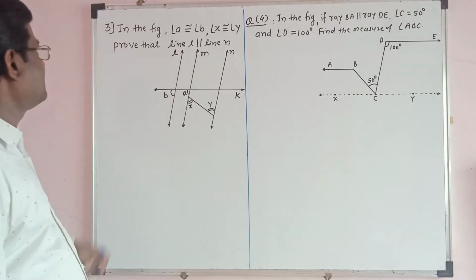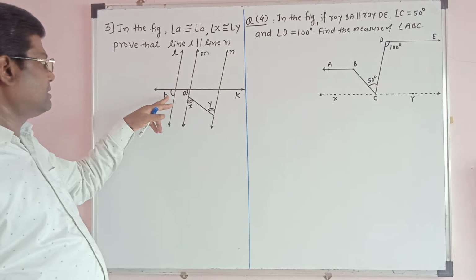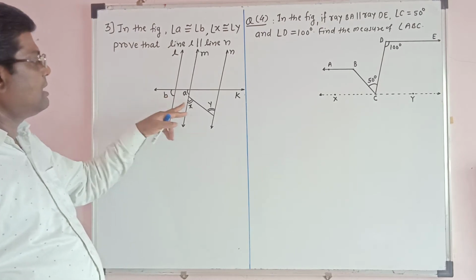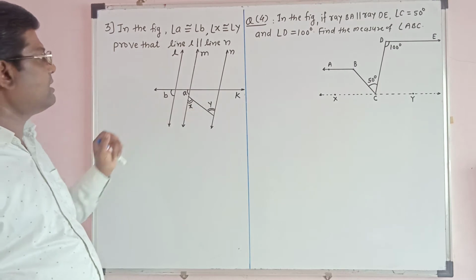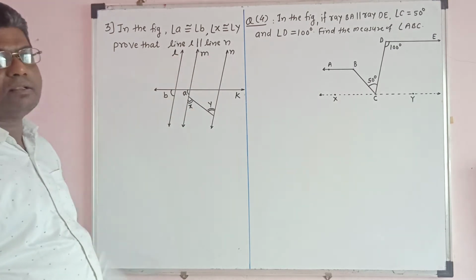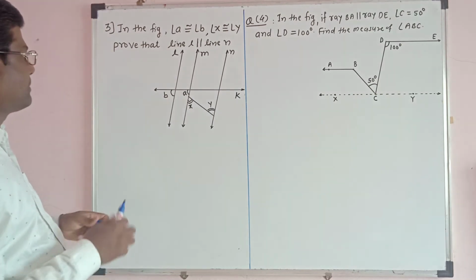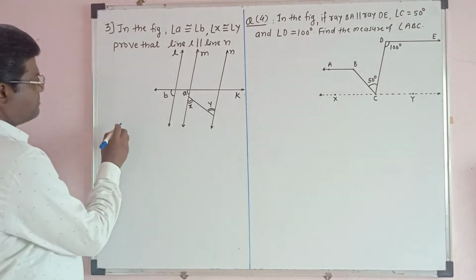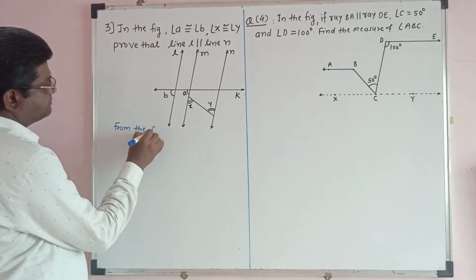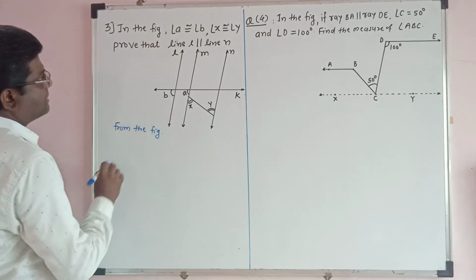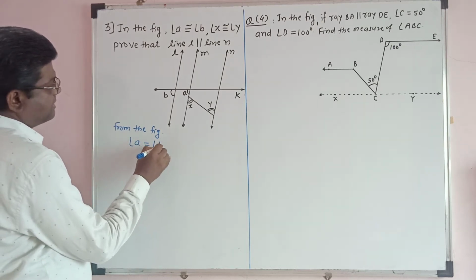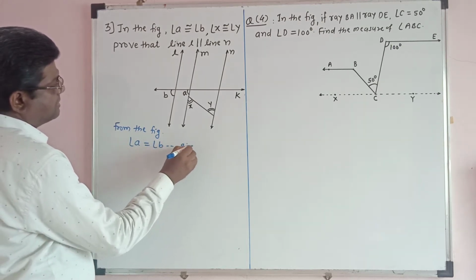Number 3. In the figure, angle A congruent angle B, angle X congruent angle Y, prove that line L parallel line N. Now from the figure, angle A is equal to angle B, it is given.